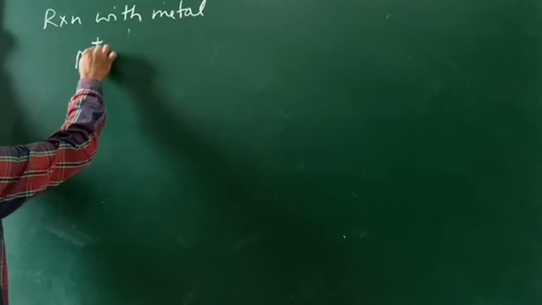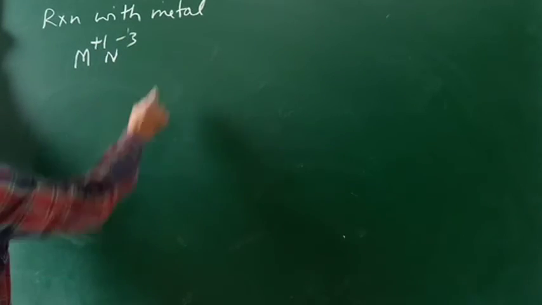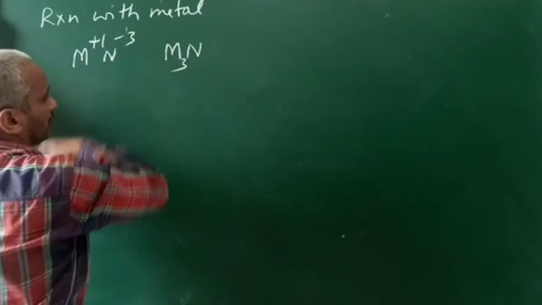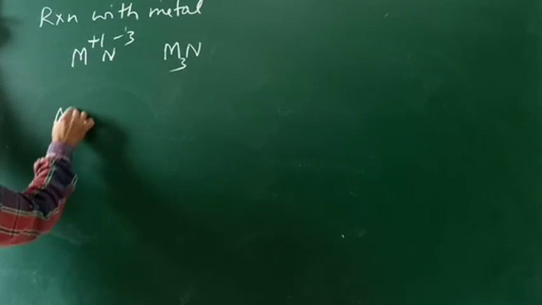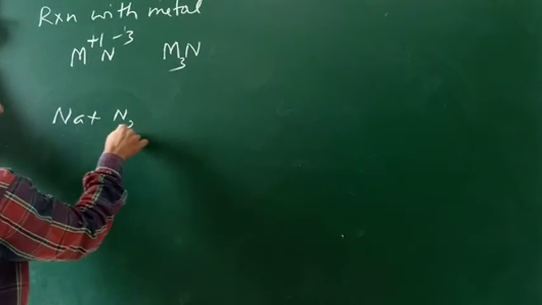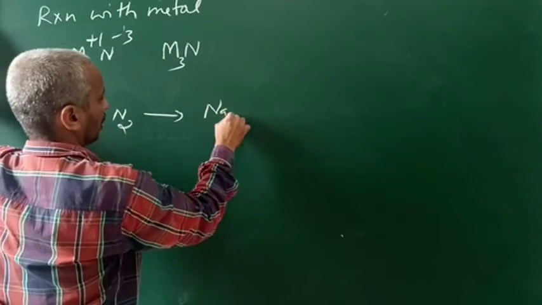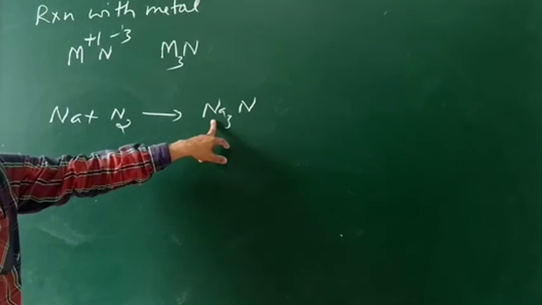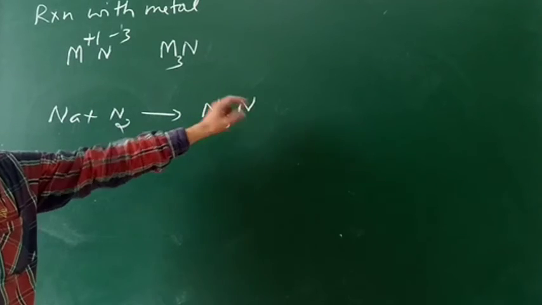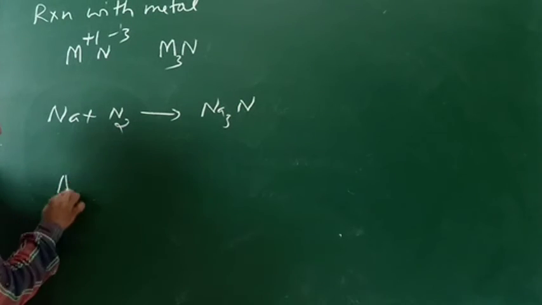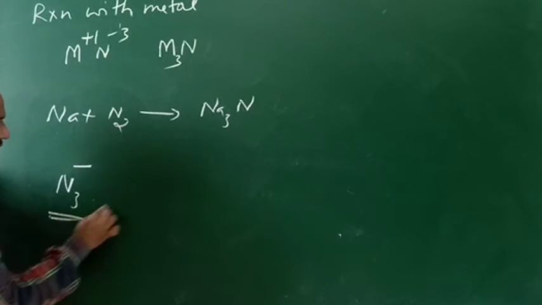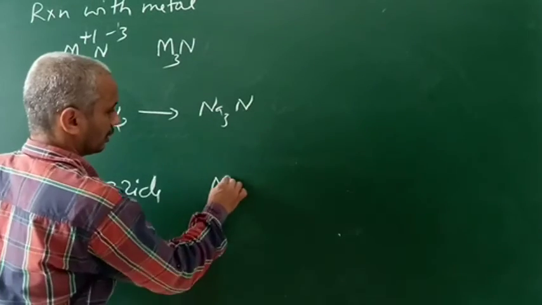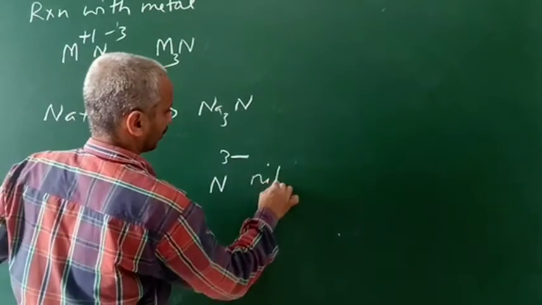M with the +1 state, nitrogen in the -3 state, the formula will be M3N. Like Na reacts with nitrogen to give Na3N. This is sodium nitride, Na3N. N3-1 is azide, remember this, whereas N3- is nitride.